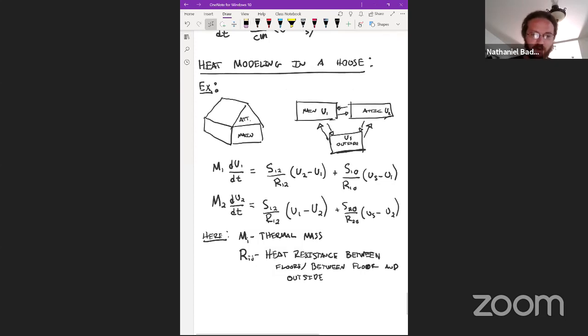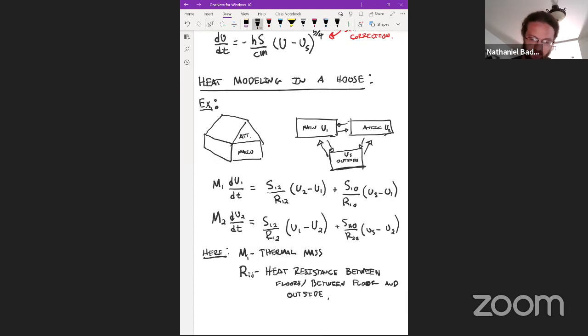And it's roughly going to be H over C, right? So it's the Newton cooling coefficient divided by the specific heat of the materials, or the weighted average specific heat of the materials.